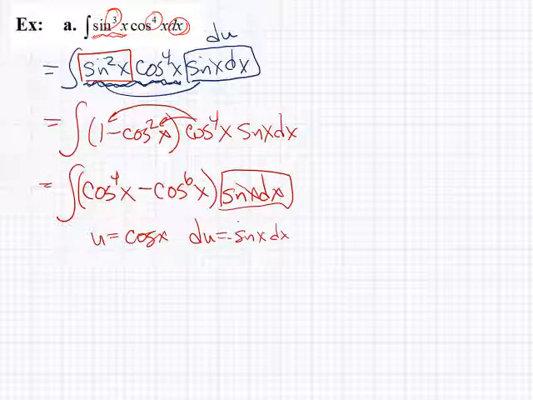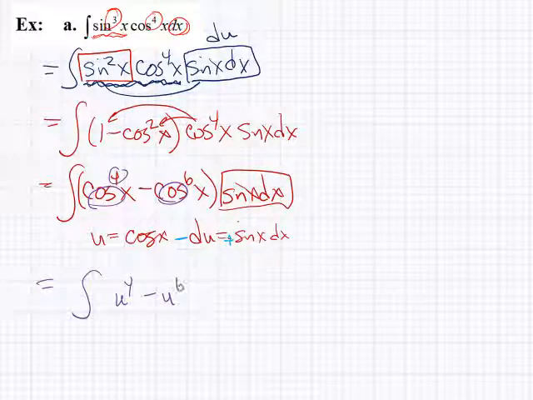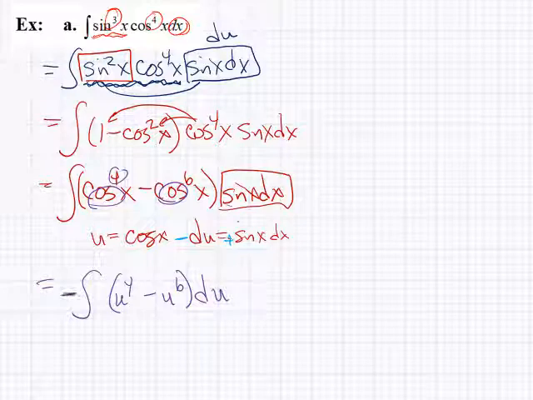It's always a negative. So I'll have to flip that negative to the other side. So now it's over here. But all that happens is I end up getting u to the fourth minus u to the sixth, and sine x dx is du times a negative, so that'll just throw a negative out in the front.